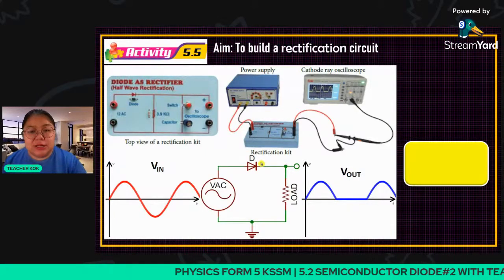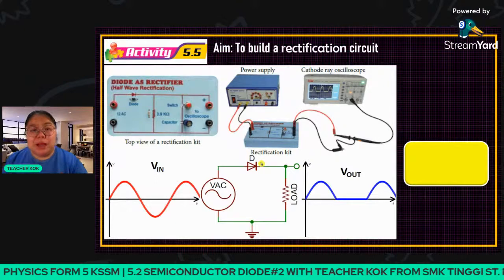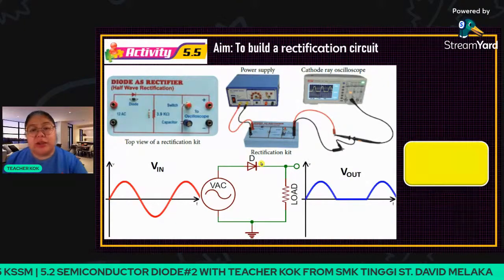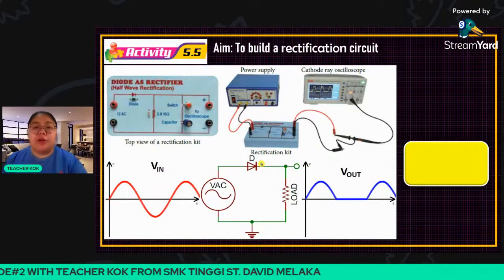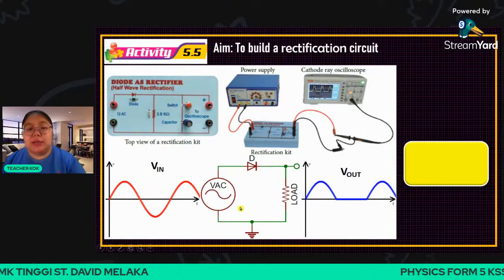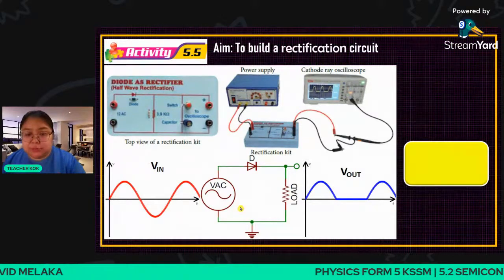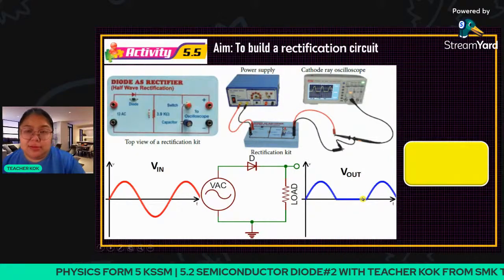At the PN junction, the depletion layer becomes thicker. The electrons cannot drift. So that one we call reverse bias. Reverse bias means the circuit is not complete. Circuit not complete means no reading. Okay, your CRO cannot show the reading. So you find the second cycle is flat.